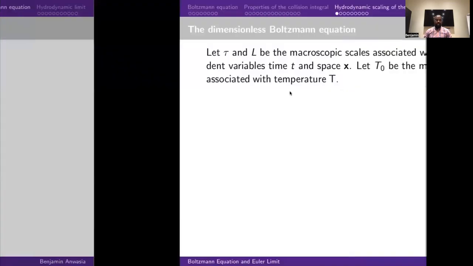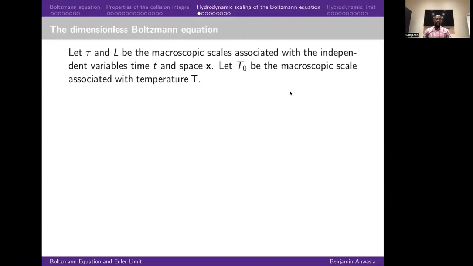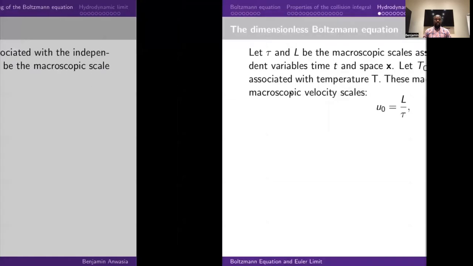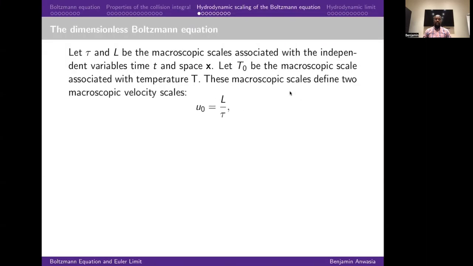To this end, let tau and L be the macroscopic scales associated with the independent variables, time and space, respectively. And let T0 be the macroscopic scale associated with the temperature T. These macroscopic scales define two velocity scales, the first of which is U0, which is equal to L divided by tau.